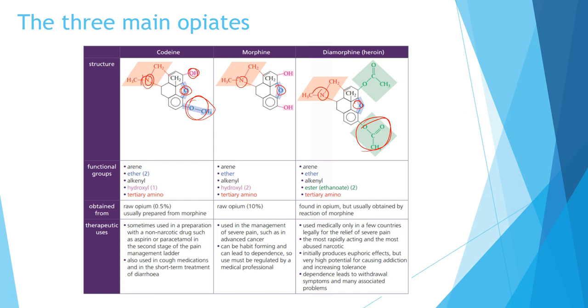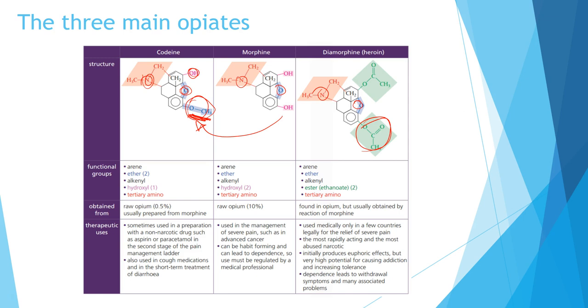So codeine is about 4.5% of our raw opium. But usually we will convert codeine from morphine. So we will do this methoxy ether preparation here and convert the hydroxyl into one of these. So codeine, for the most part, while we can obtain it naturally, is a semi-synthetic.